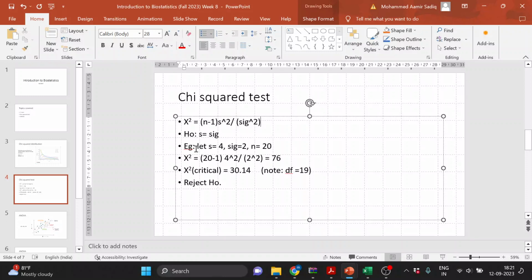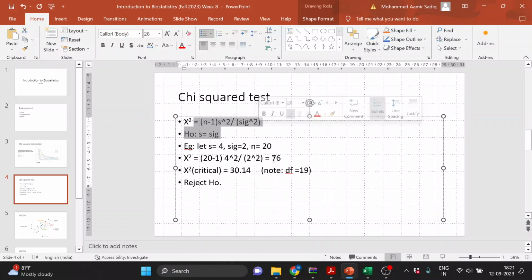Let's do an example. Suppose your sample standard deviation is 4 and your population standard deviation is 2, and you have a sample size of 20. Then you just fill in values into this formula: 20 minus 1 into 4 square divided by the population standard deviation squared. So that comes out to be 76.